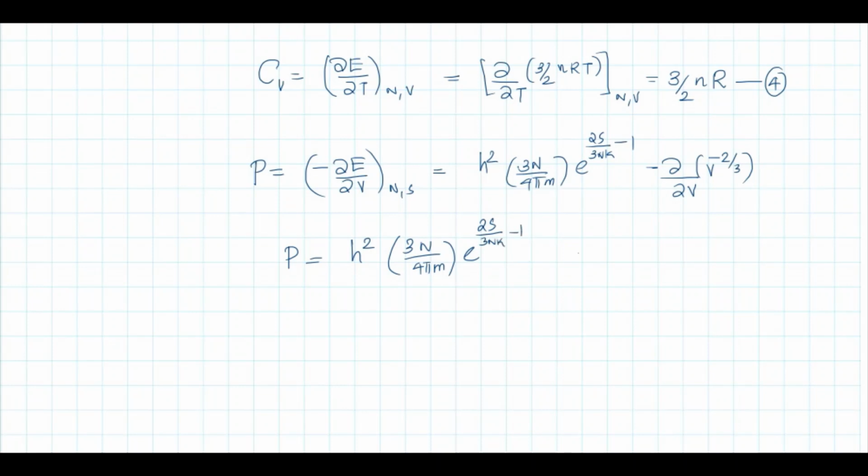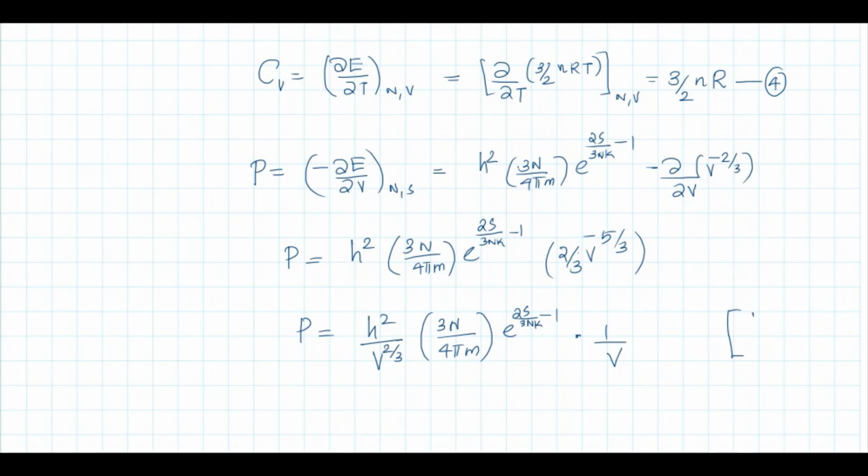What is the derivative? 2 by 3 V raised to minus 5 by 3. This minus and the minus 2 by 3 becomes plus 2 by 3 into V raised to minus 5 by 3.